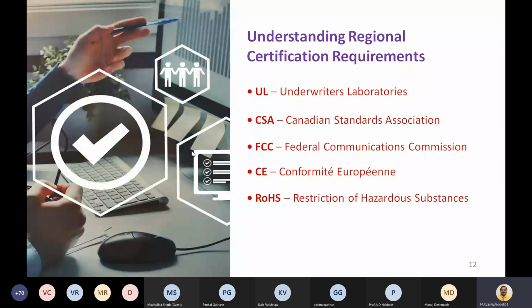Just like UL, people generally take it as the legal certification in America, whereas CSA you can think of as Canada. Similarly, there is another certification, the CE, which is for the European Union, and most Chinese products will have UL, CSA and CE certification.